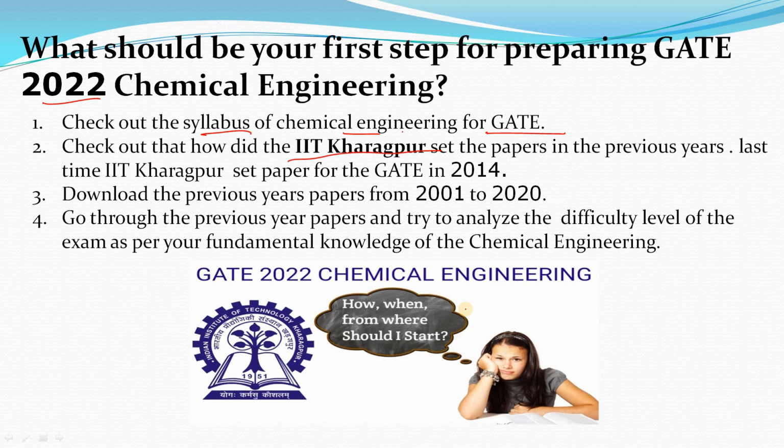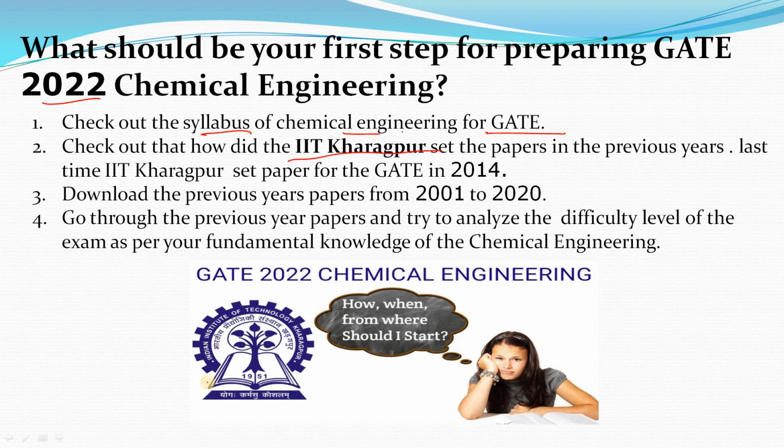For GATE 2021, when IIT Bombay organized the paper, it was a little bit lengthy for the one-mark questions, but the two-mark questions were not too lengthy. That's what you should know. If you already know that, you will prepare accordingly.